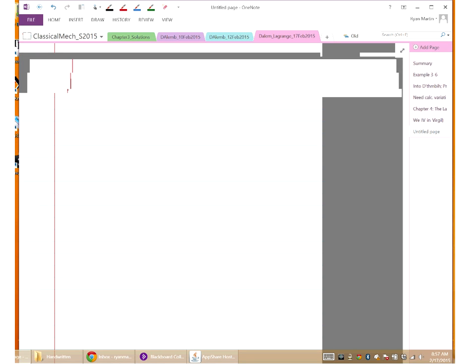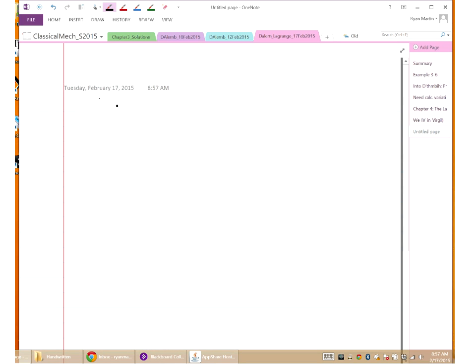So let me start on the page. If we let V equal the sum from i equals 1 to n_c of the V_i, then the first term, which is a sum from i equals 1 to n_c of ∂V_i/∂q_j, is equal to simply ∂V/∂q_j.